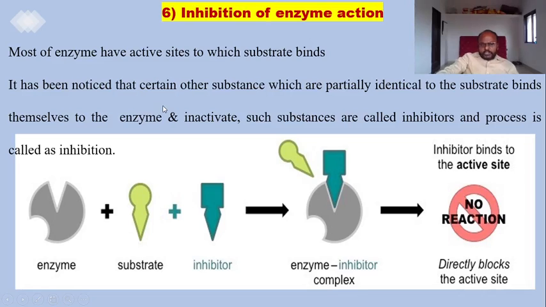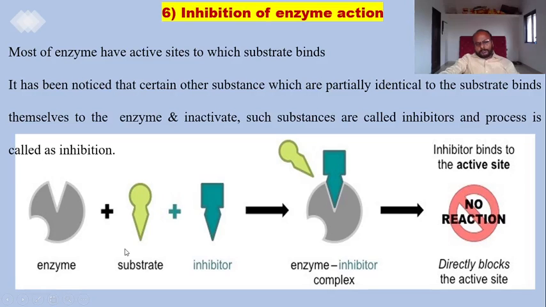It has been noticed that certain other substances which are partially identical to the substrate bind themselves to the enzyme. Suppose in this reaction, this is the enzyme, this is the specific substrate, and this is another substrate.